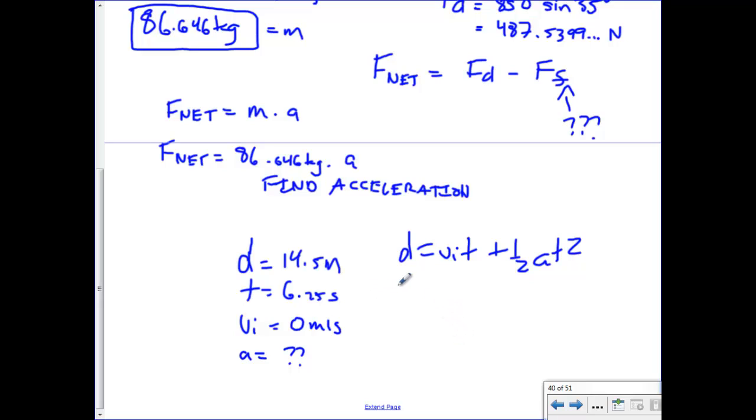A lot of work, eh? Pretty typical though. 14.5 equals 0, that's kind of pointless because he has no initial velocity, plus 1/2 of a, and then time we got to square. So how do we get a by itself?